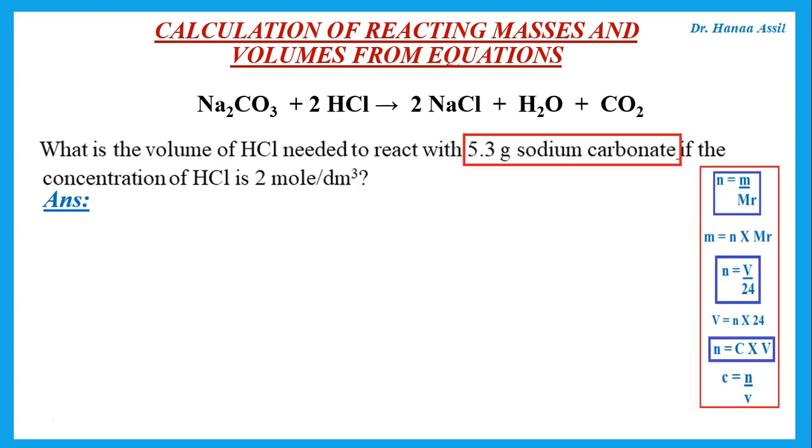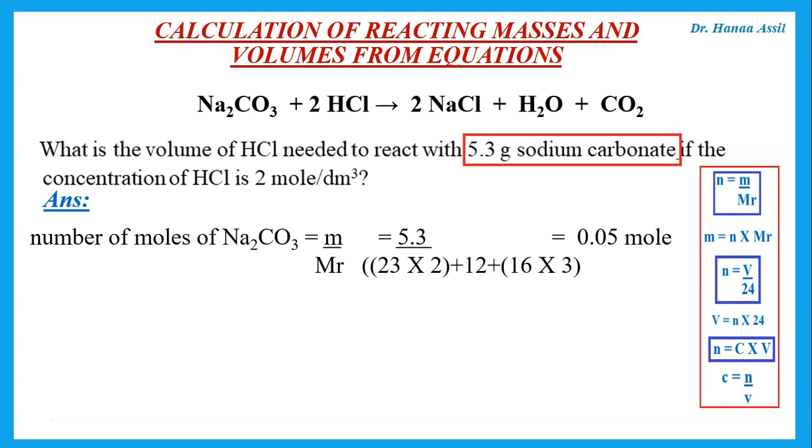How do we get number of moles? Well, we're given 5.3 grams. That means I'm going to use which equation? The number of moles is mass over molecular mass. The mass we're given over the MR, you add it all up, this comes out to a certain number of moles. Now we're asked about what? About HCl. We look at the equation.